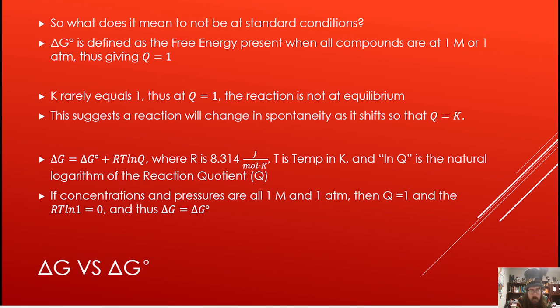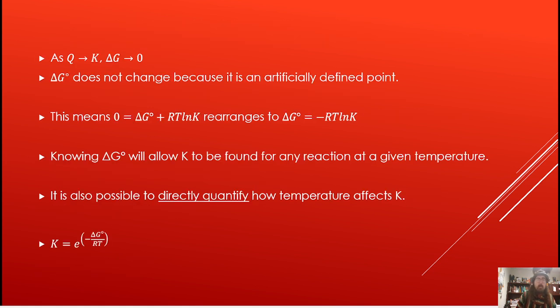These two values, Gibbs non-standard and Gibbs standard, are the same. Now, as I said, Gibbs non-standard approaches zero as a reaction approaches equilibrium. But delta G standard cannot change. It does not change because it is an artificially defined point in a system, the point where all concentrations are 1.